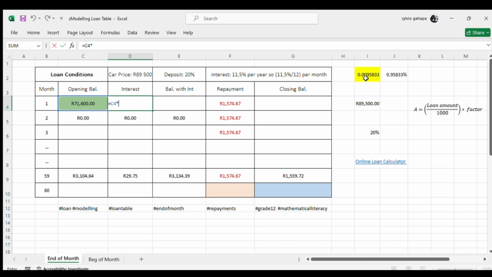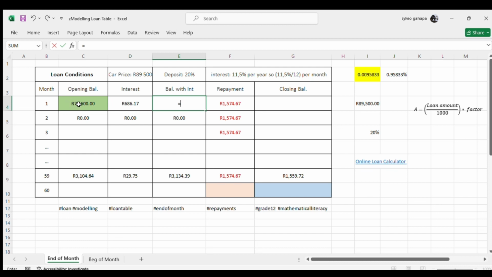It's really up to you. I'll pick this one, which was 11.5% divided by 12. It's already monthly. So I'm going to click on that cell and it gives me how much I have to pay on that loan for my first month, 686.17.